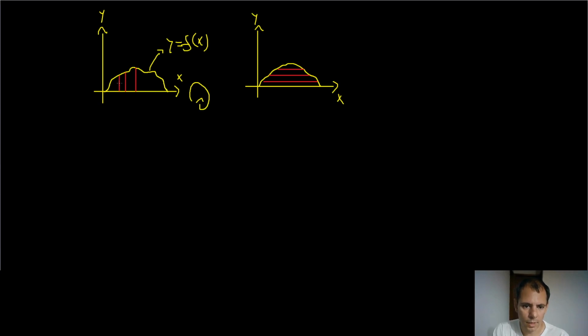So what's going to be the area for this disk in here? It's going to be pi r squared. And what's going to be r? It's going to be this length, okay? For this disk in here, let's just call these 1, 2, 3. So disk 1 is going to be pi r1 squared, disk 2 is going to be pi r2 squared, disk 3 is going to be pi r3 squared, okay?